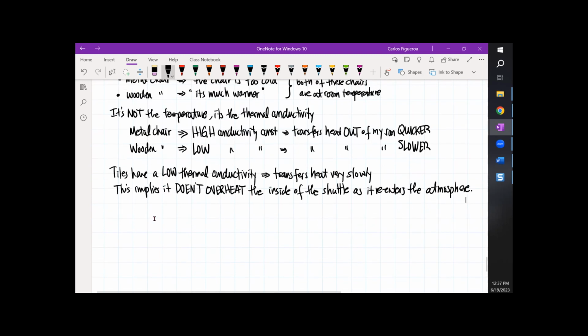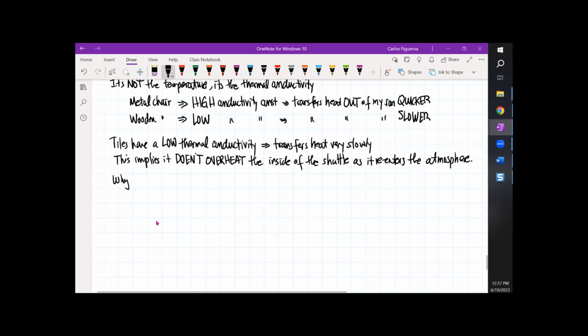So now, to answer the question, why hold them by the edges? Why are the edges so much cooler than the center? The quick answer is less surface area, which then means less heat transfer.